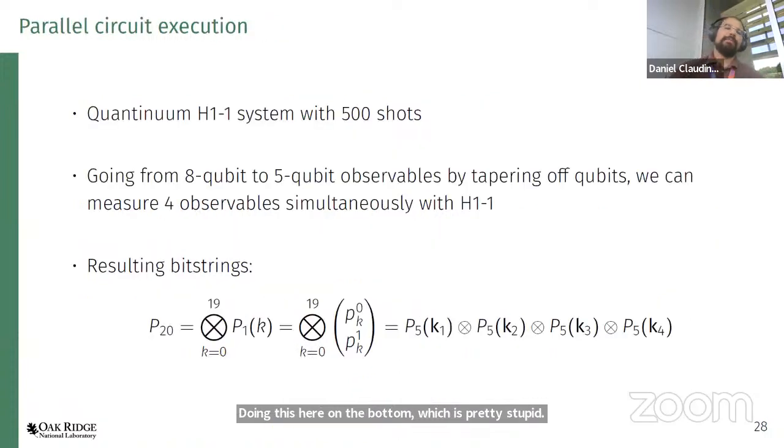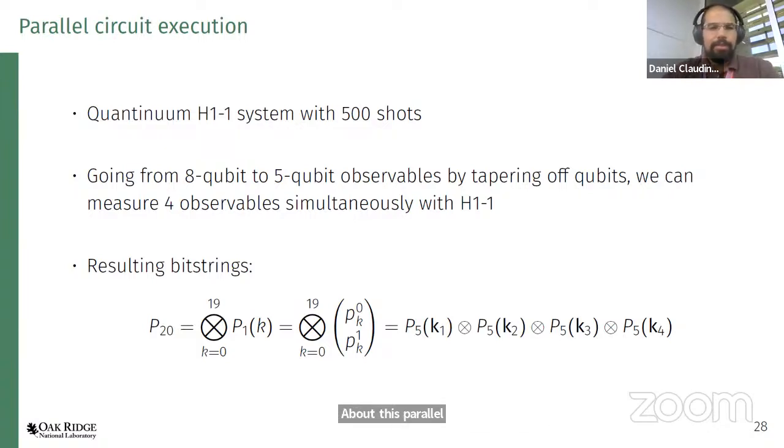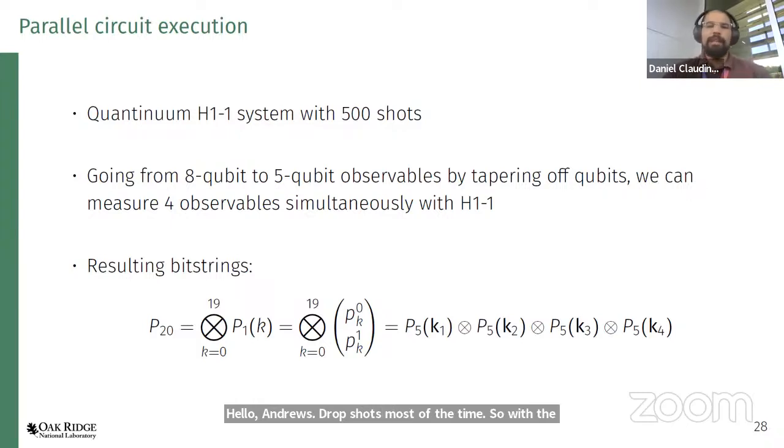And then on top of that, we developed this parallel circuit implementation approach. So we use this hardware that I mentioned, this ion trap system, and we only did 500 shots. The hardware is really clean, not a lot of noise, so you can get away with low hundreds of shots most of the time. With the qubit tapering, we went from an 8-qubit problem to a 5-qubit problem.